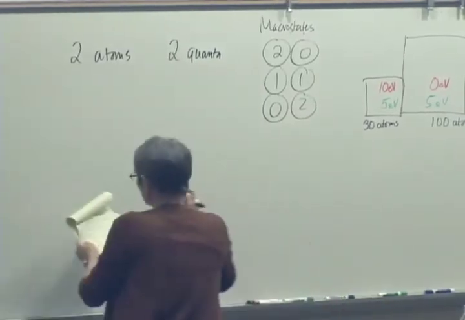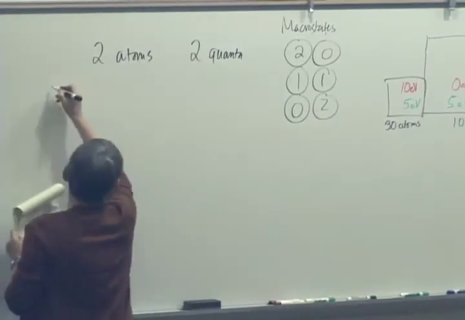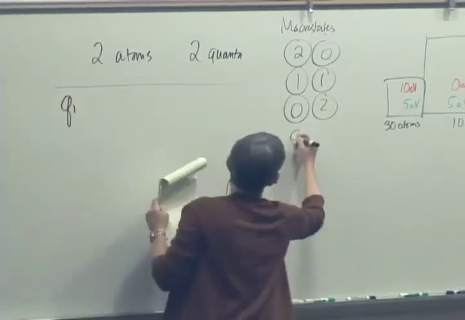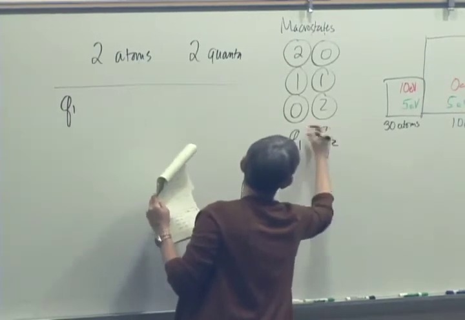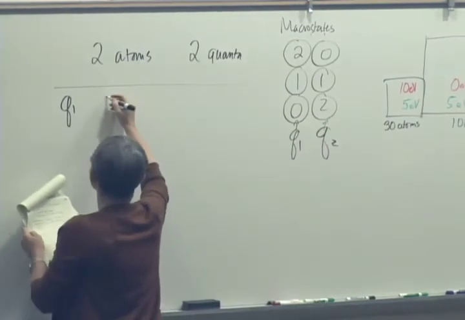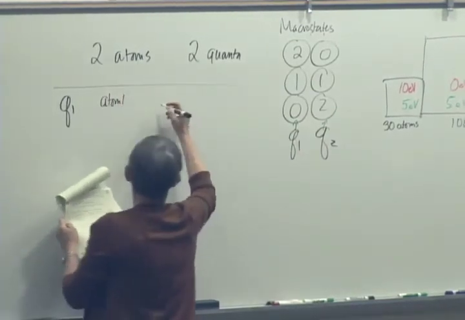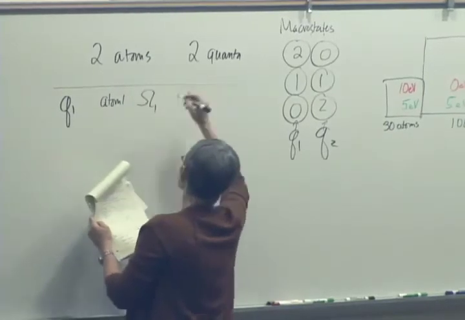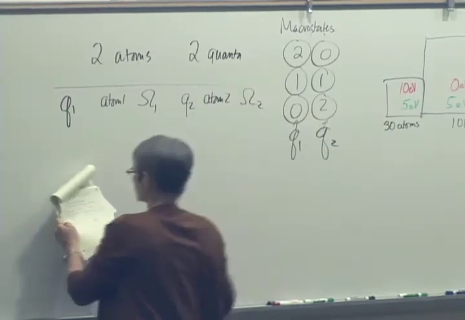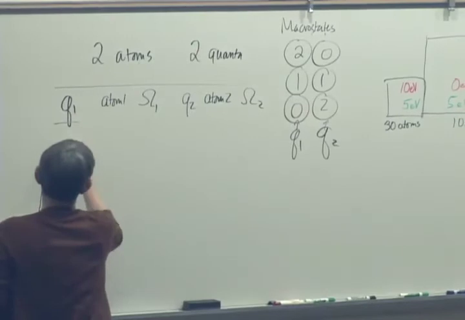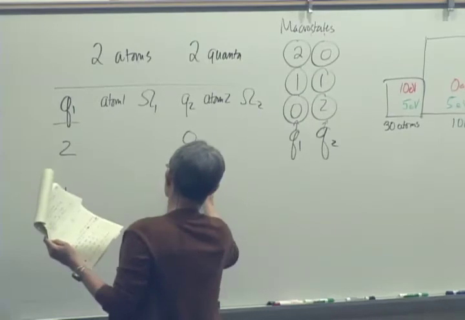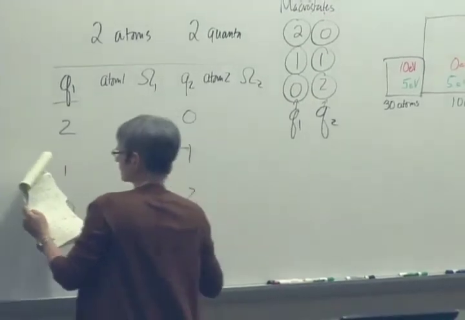And the way we address that is by saying, well, we can make a table where Q1 is the number of quanta in object 1 and Q2 is the number in object 2. So we have atom 1 and the number of ways of arranging it, and atom 2 and the number of ways of arranging that. The possibilities here were 2, 1, and 0, and clearly that corresponded to 0, 1, and 2 here.